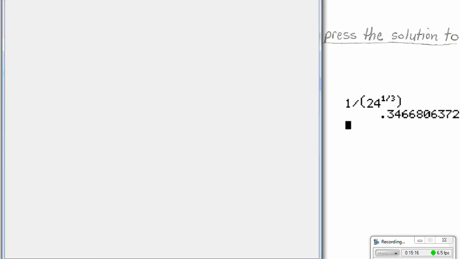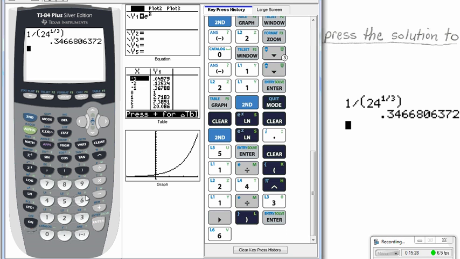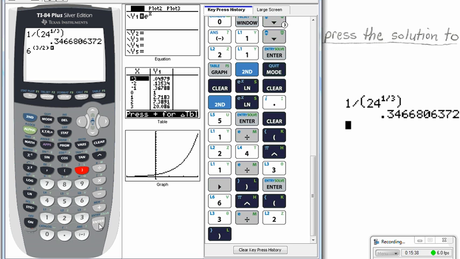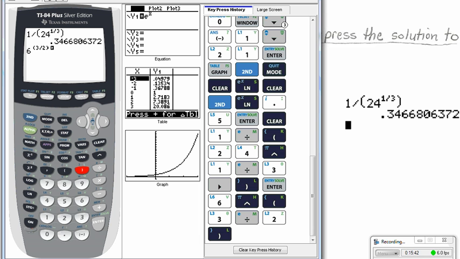So going for this one once again, 6 to the, open parentheses, 3 over 2 power, close parentheses. I believe that's what we're looking at. Okay. Press enter.